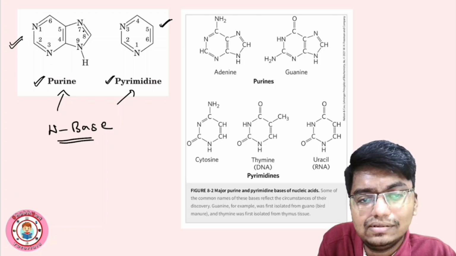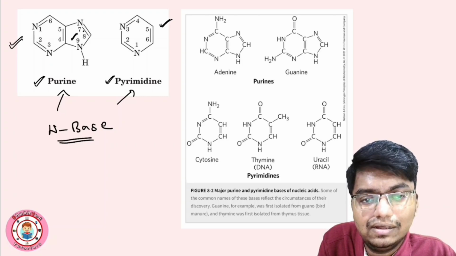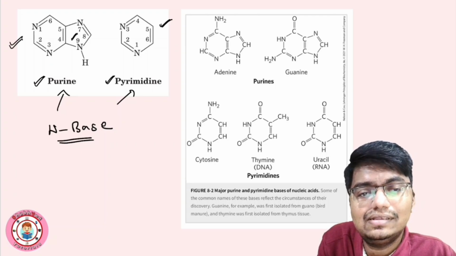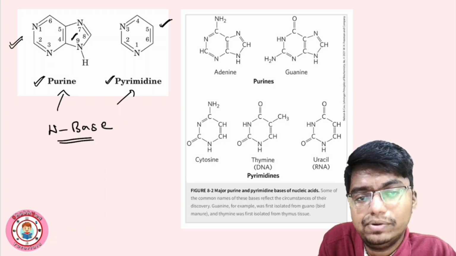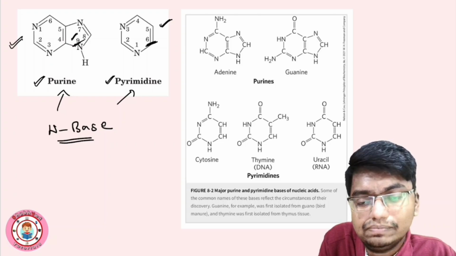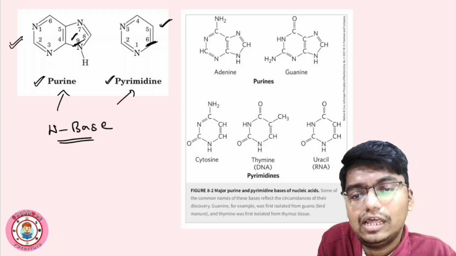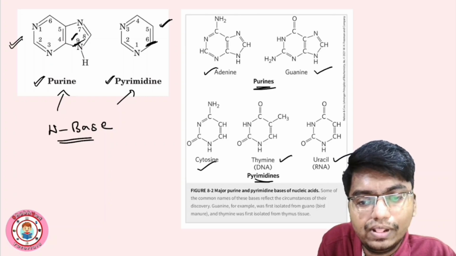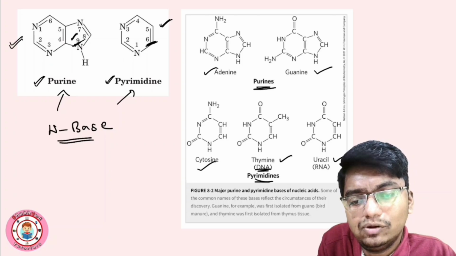So purine has 9 atoms, whereas in pyrimidine a 6 membered ring is present. Whereas in purine it is 9. Now in purines, adenine and guanine, and in pyrimidines, cytosine, thymine, uracil. Thymine is present only in DNA, uracil is present only in RNA.